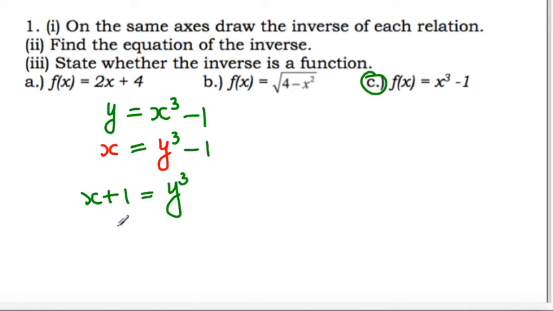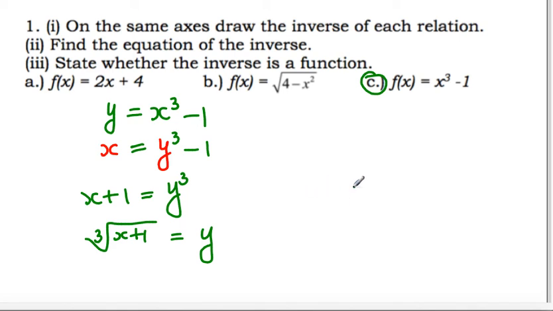If you do so, then on the left hand side you will have the cube root of x plus 1, and then the cube root of y cubed is just cancelling out, so you will have just y on the right hand side, and here y is already the subject of our equation, so you are done.